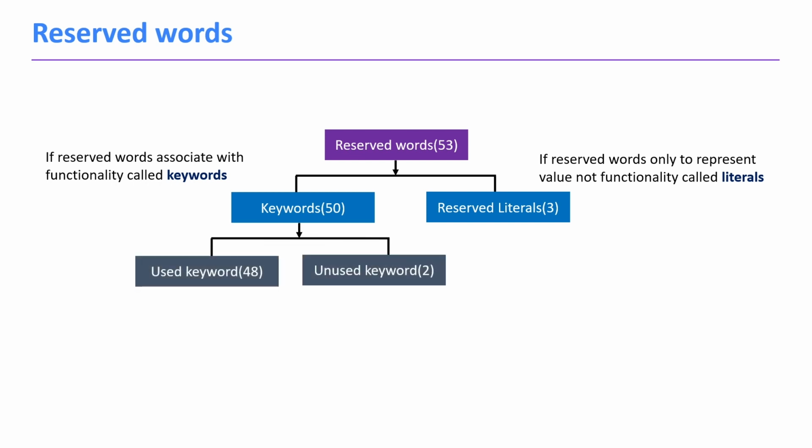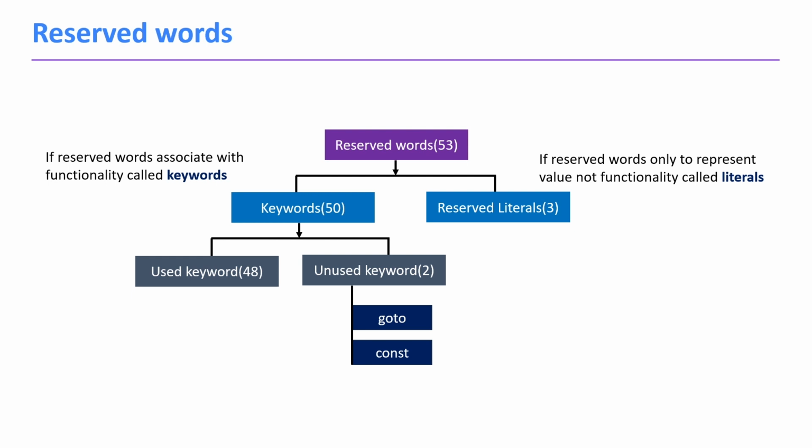Again, the keywords are categorized into two categories: used keywords and unused keywords. Used keywords are used by Java, and unused keywords are those that are reserved but not used by Java. Used keywords are 48 and unused keywords are 2.